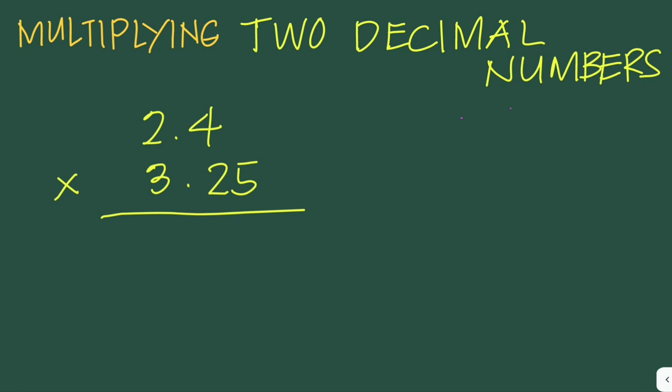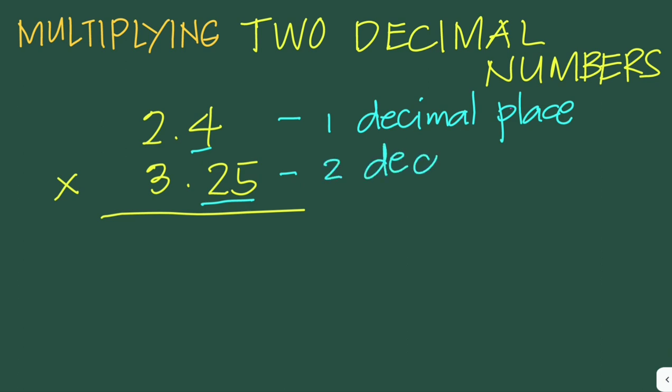So let's count the number of decimal places in these two decimal numbers. The first one, 2.4, has one decimal place. And then the second number, 3.25, has two decimal places.